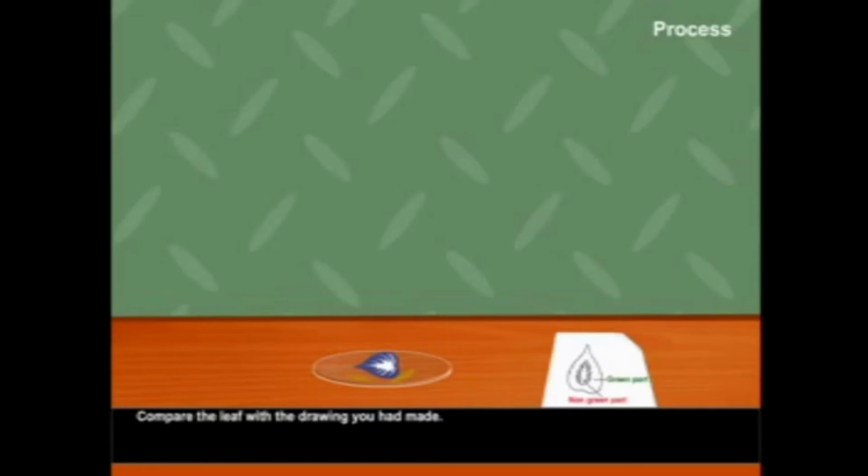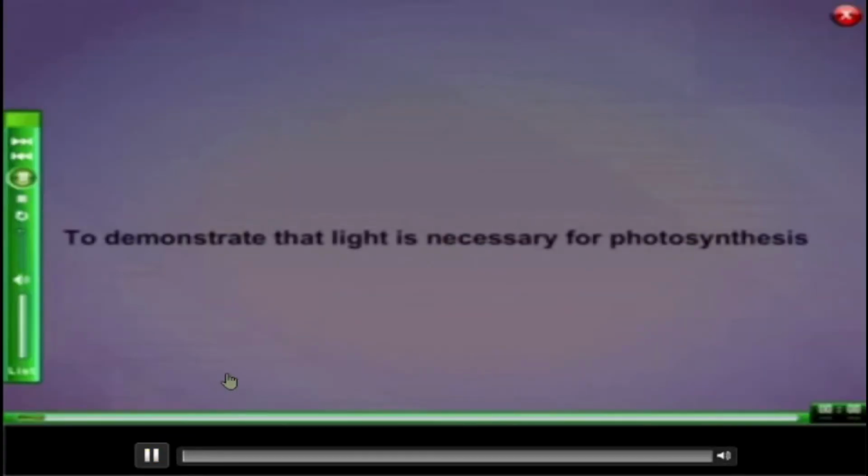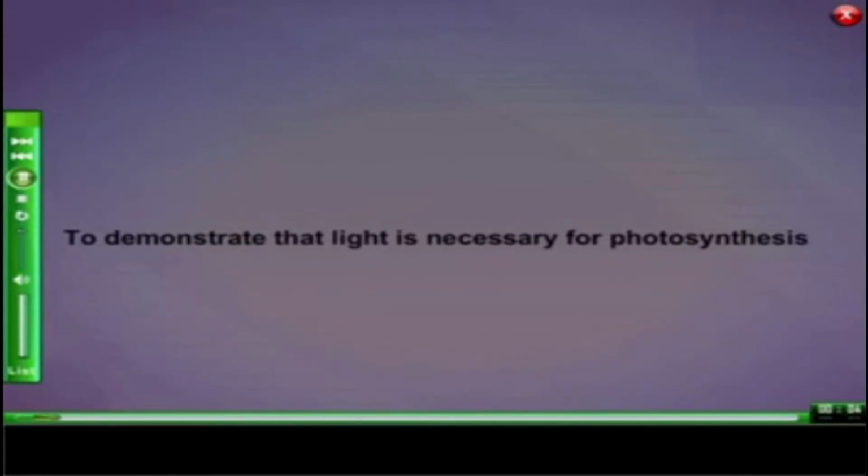And the next one: how sunlight is used for photosynthesis. Now see this video. Sunlight is also very important for the process of photosynthesis. To demonstrate that light is necessary for photosynthesis.